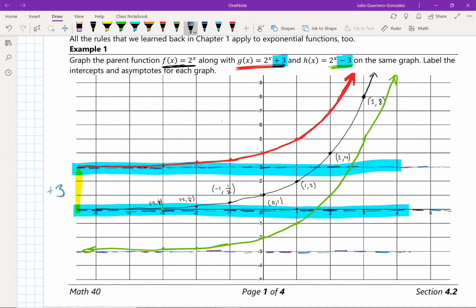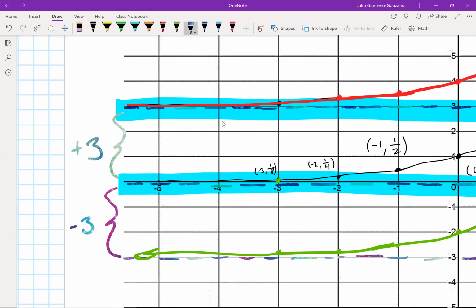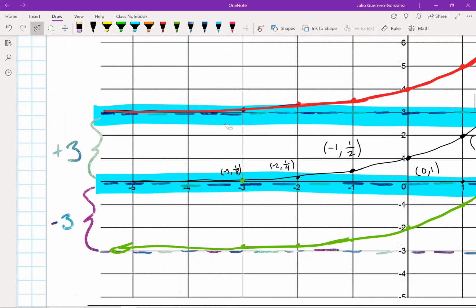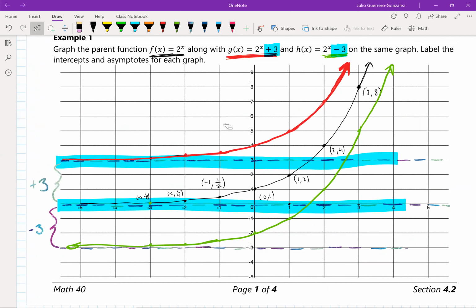And then likewise, what happened here? This would be -3. So you see how it's a little easier this time because we have these asymptotes that are down here, right? Okay, we good? We cool?